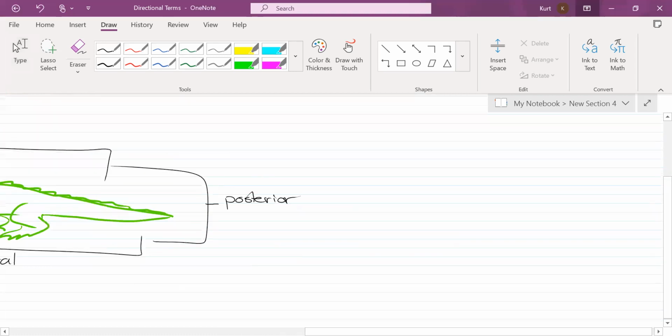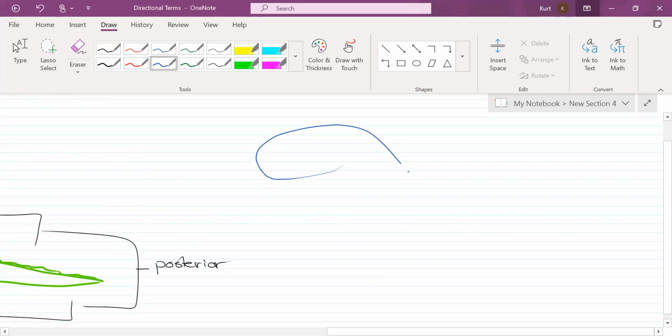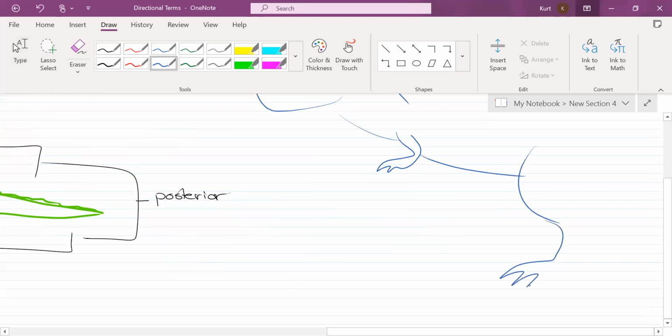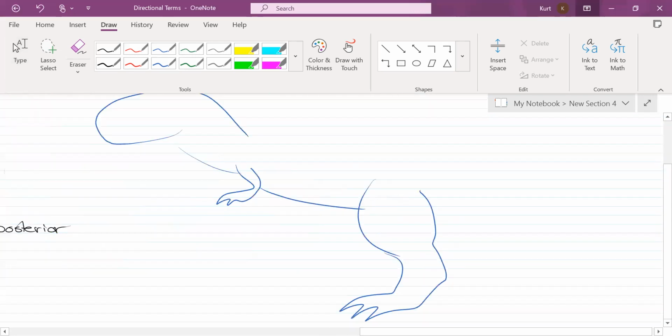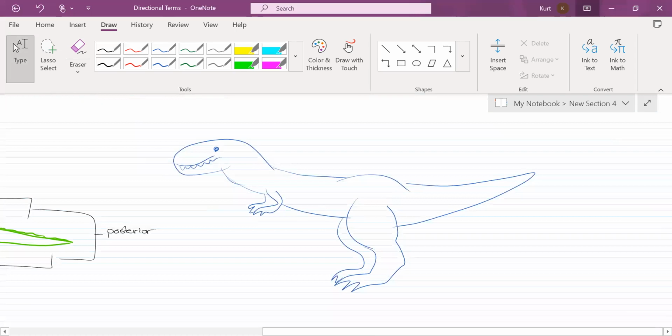Let's see what you might be able to make of it. Okay, so are posterior and dorsal the same thing? No. Correct, they are not.